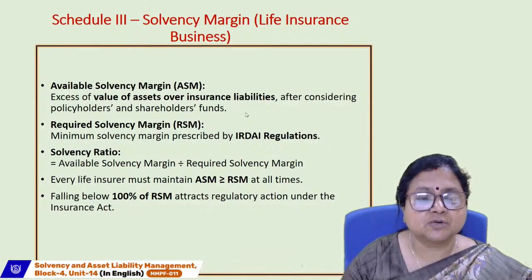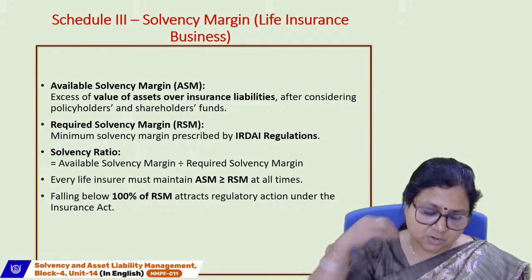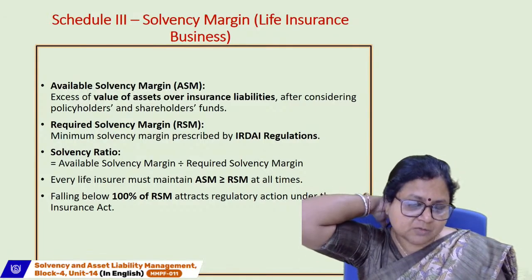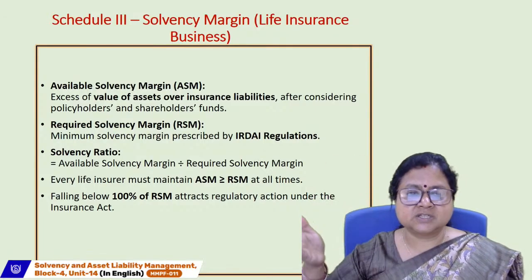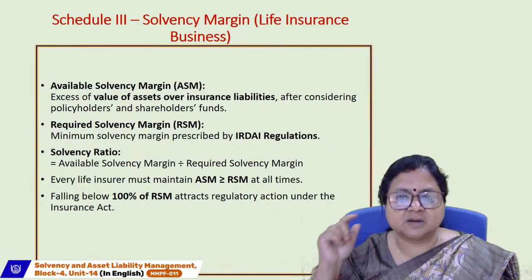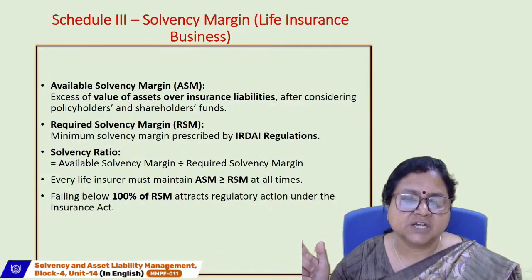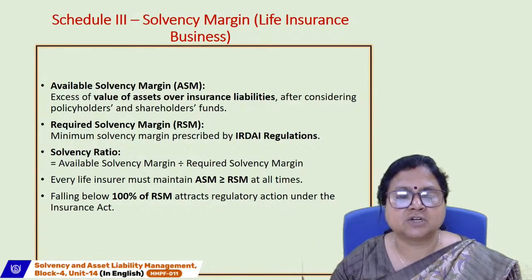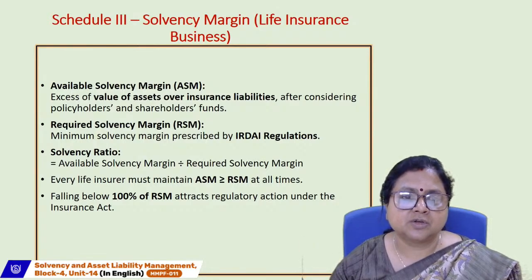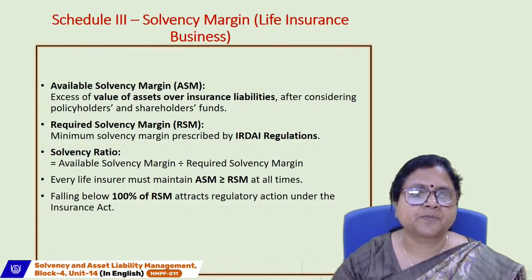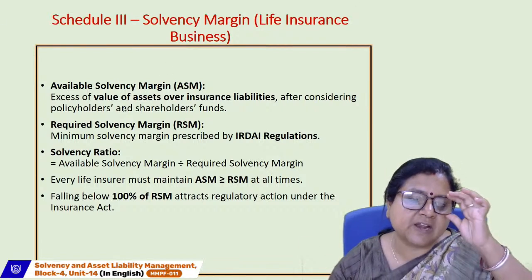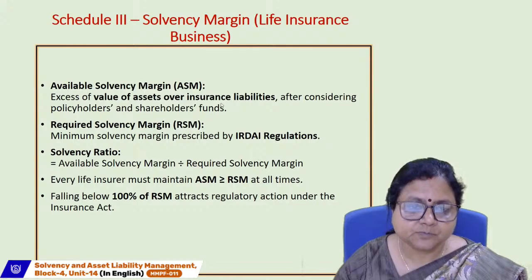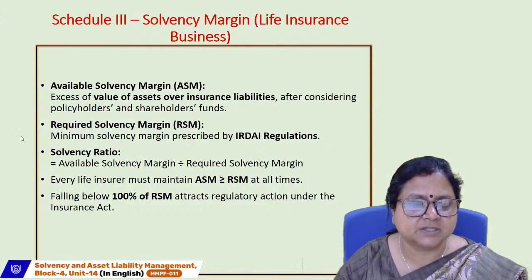So liabilities include policyholders' funds and shareholders' funds also. It is not that you are only paying the policyholders in the form of claim settlement. You are also paying the shareholders, because you are liable to pay the shareholders from the profit that you get. So it is the excess of the value of the assets over the insurance liabilities.